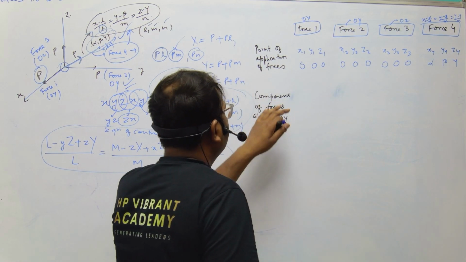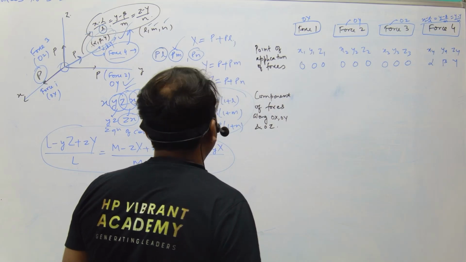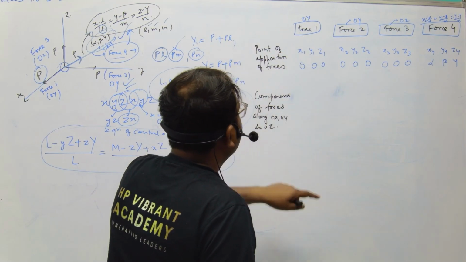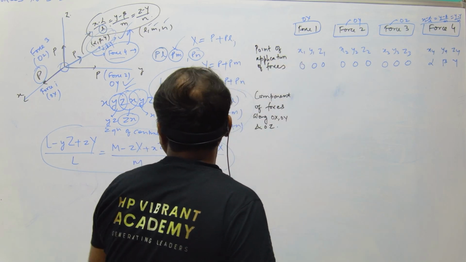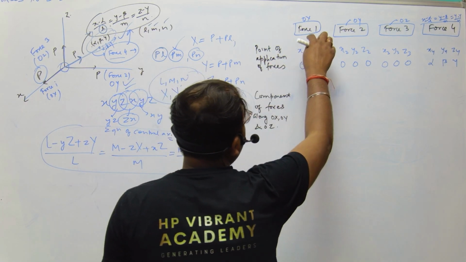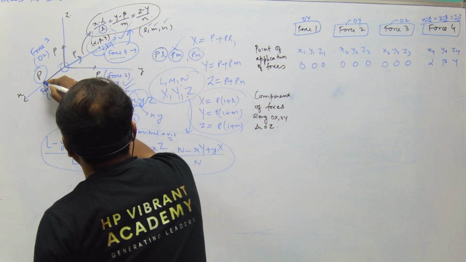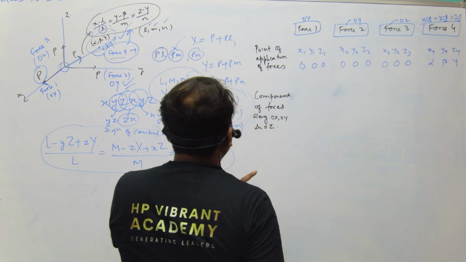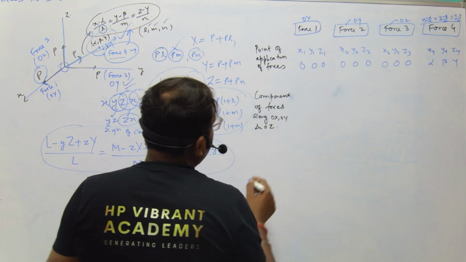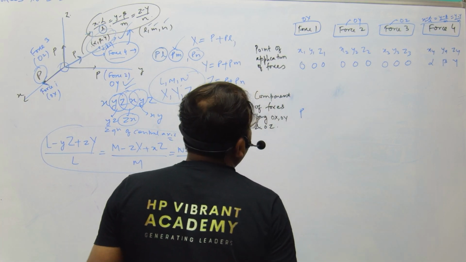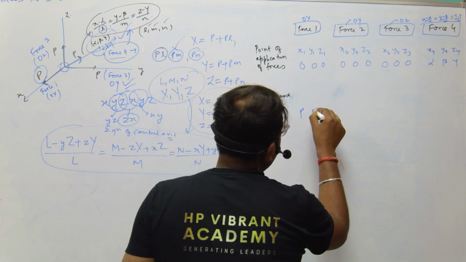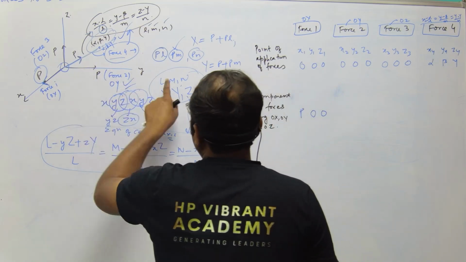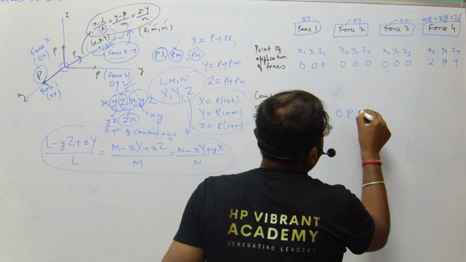Okay, now we have the component of forces. So for force 1, the component of force along OX, OY and OZ. So along OX we have the force P. Okay, along OY this is nothing, 0, 0. Okay, for force 2 the force is along y axis, so this is 0, P and 0.